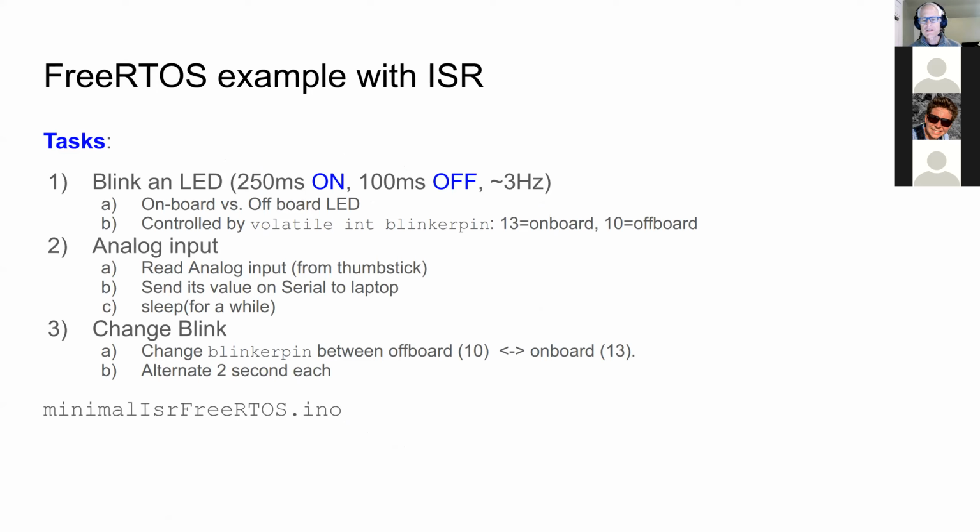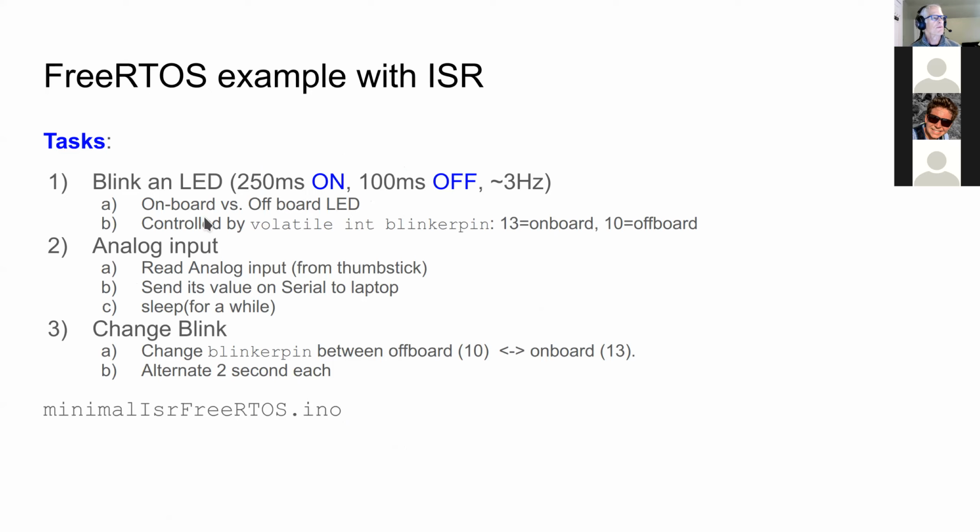So here's an example. Here's what we're going to do. This is an example FreeRTOS application, kind of like what I showed without an ISR, but it's going to have 3 tasks. It's going to blink an LED. We're all bored with that by now, but it's reliable and you can see it happen.